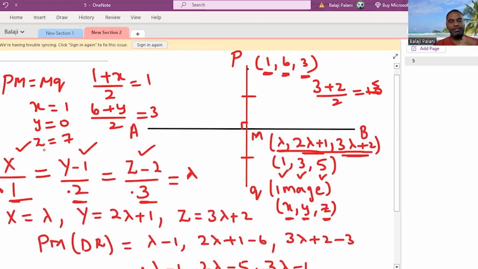All right, so the first part of the question is over: finding the image of the point P. Considering AB as a plane mirror, the image of the point is (1, 0, 7). Now, do you have any difficulty in finding the equation of this line?